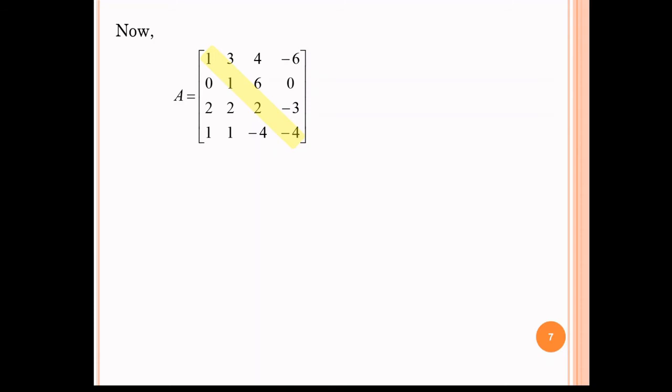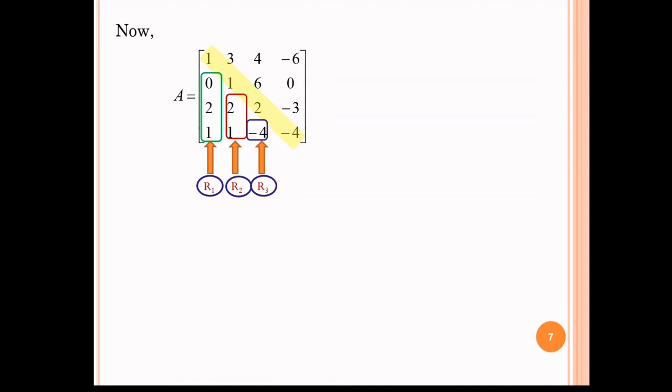Now we need to find the rank of that matrix A. So this is our matrix A, and finding the rank means we need to convert it into upper triangular form. 1, 1, 2, minus 4 is the diagonal of this matrix, and the elements below the diagonal we have to convert to 0. These three numbers will change using R1, these two numbers will change using R2, and this one will change using R3.